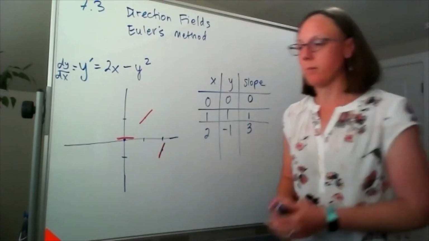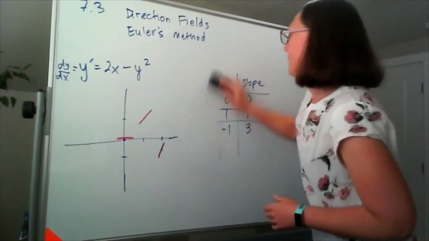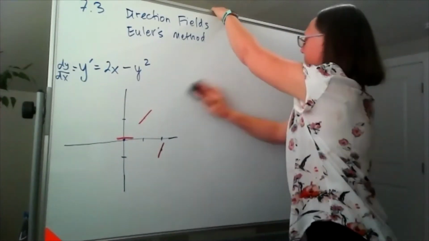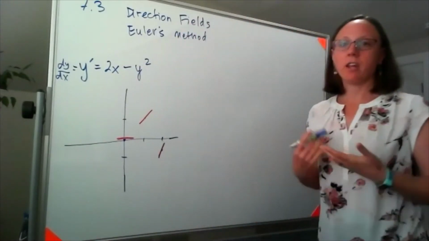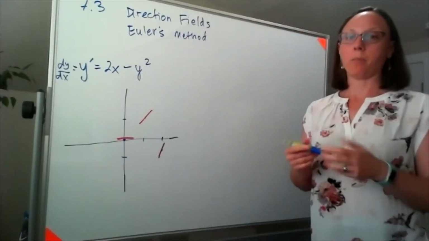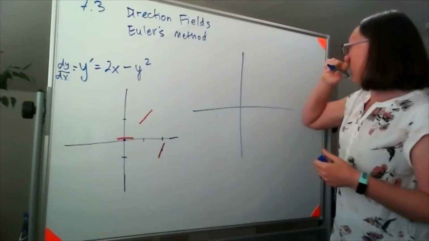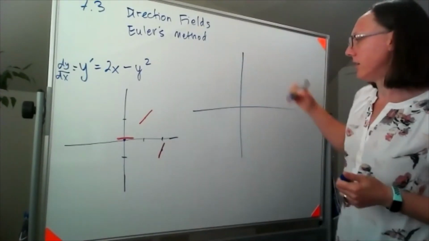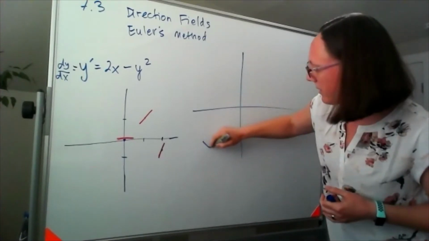The other thing that we might get asked in the context of a direction field is we might be given a direction field and have to plot a particular solution. So if I were given a direction field, and I'm going to keep it boring so I can draw it quickly.